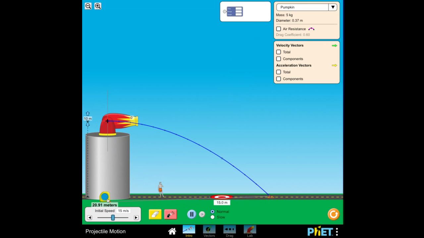This says 20.91 meters. We can also put the target. The target indicates 21.4 meters, and this is probably some of the error associated with trying to visually line up this tape measure.